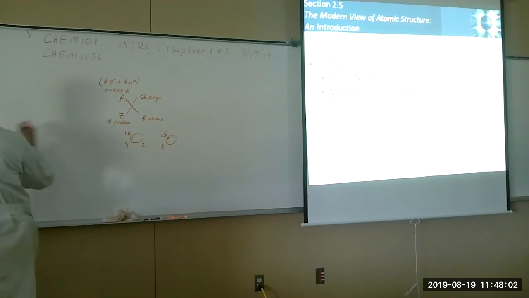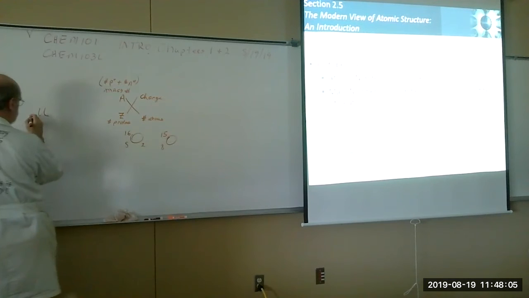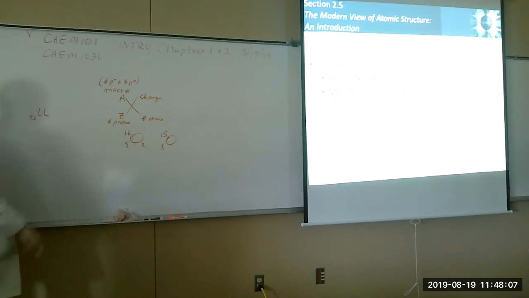What's another example? How about uranium? It has to be 92, otherwise it's not uranium. And then 238 is one isotope of uranium. So how many neutrons do you have? 146 neutrons.